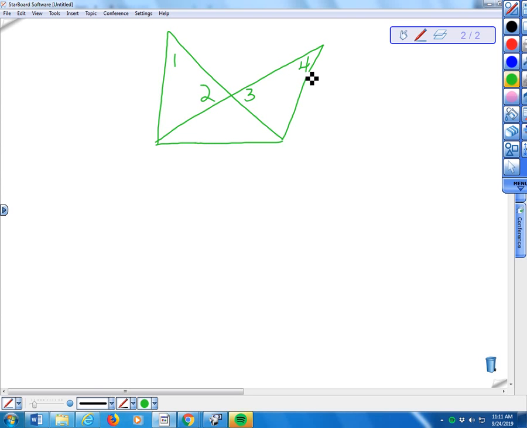And we're told that angle 1 is congruent to angle 2, and angle 3 is congruent to angle 4, and they want us to prove angle 1 is congruent to angle 4.